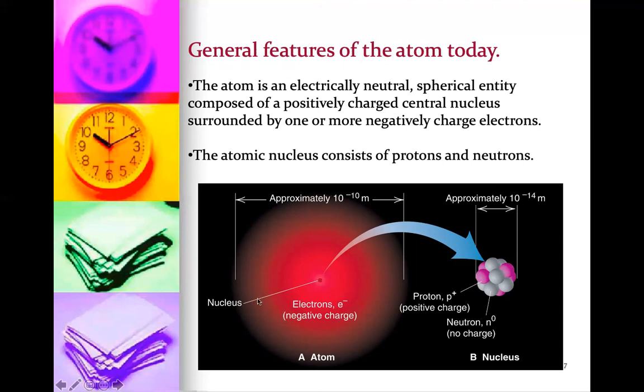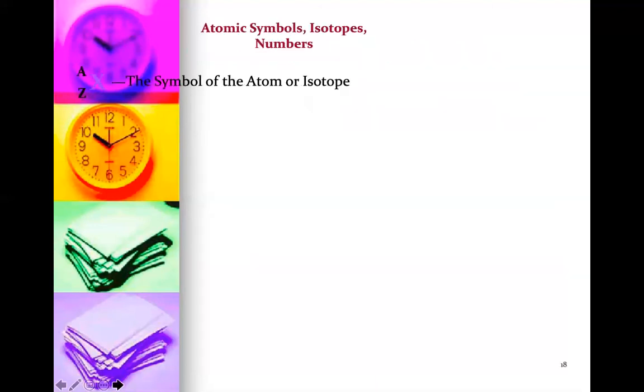You can see that this is the cloud of electrons. So this is the final version of atomic structure that we know today.